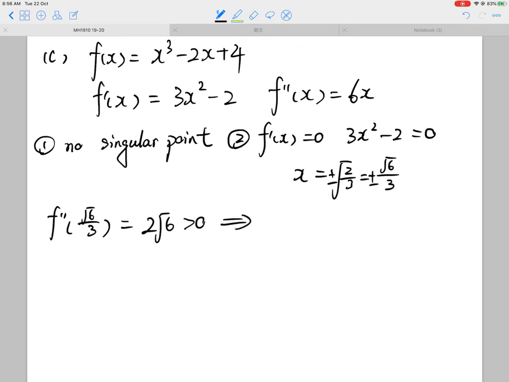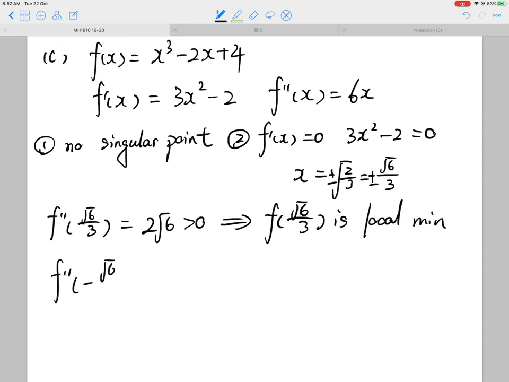Therefore, the first order derivative is 0 and the second order derivative is positive, so f at square root of 6 over 3 is a local minimum. What about the second order derivative of the negative one? It's negative 2 square root of 6, smaller than 0, which means f at negative square root of 6 over 3 is a local maximum.